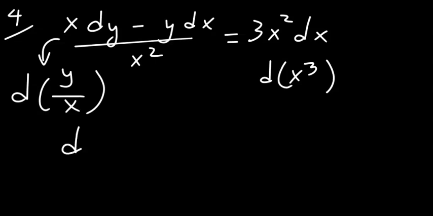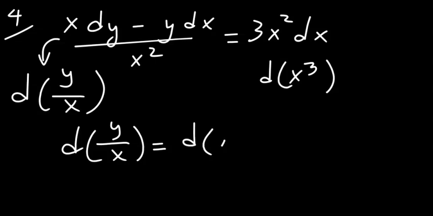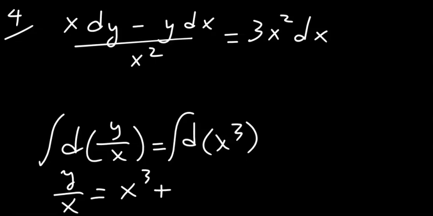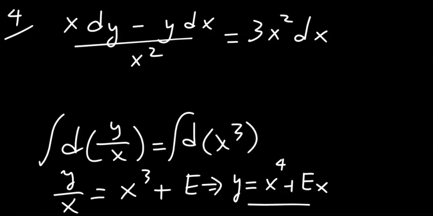So we have d(y over x) equals d(x cubed). We can integrate both sides immediately. You get y over x equals x cubed plus an integration constant, let's call it e. We're expressing y in terms of x. You have y equals x to the power 4 plus ex. And that's the general solution to that equation.